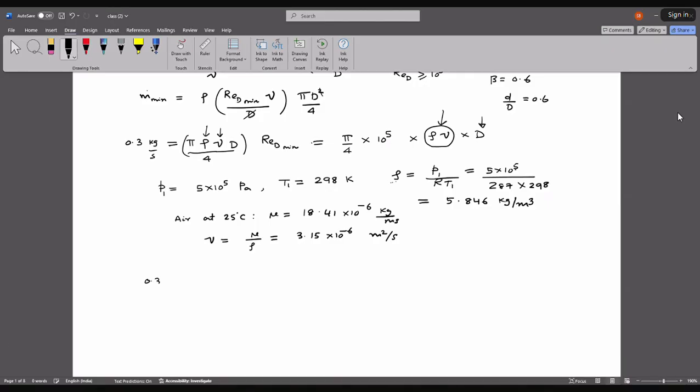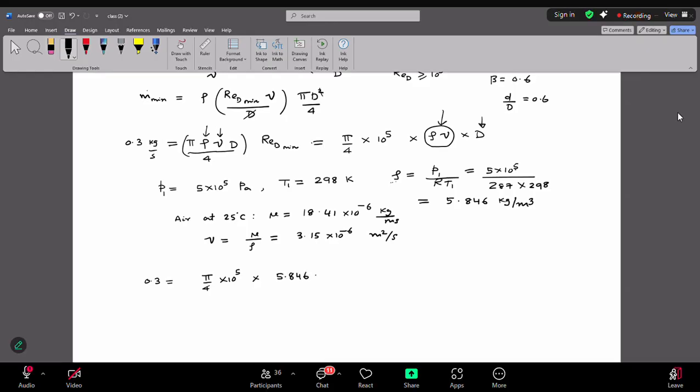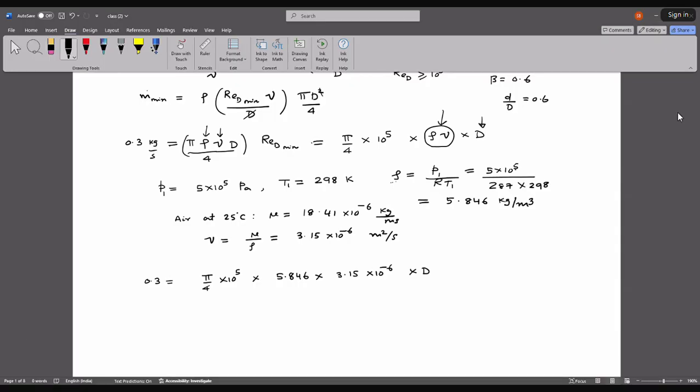So 0.3 will be equal to pi by 4 into 10 to the power 5 into rho. Rho is 5.846. Nu is 3.15 into 10 to the minus 6 into D. So now if you find out D, it will come out to be 0.207 meter.